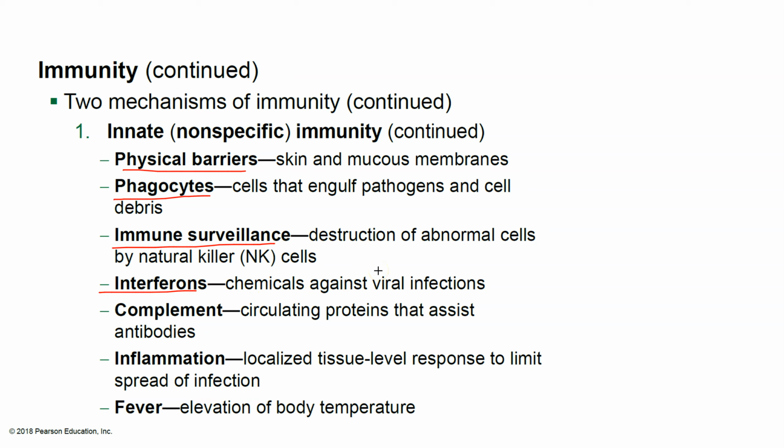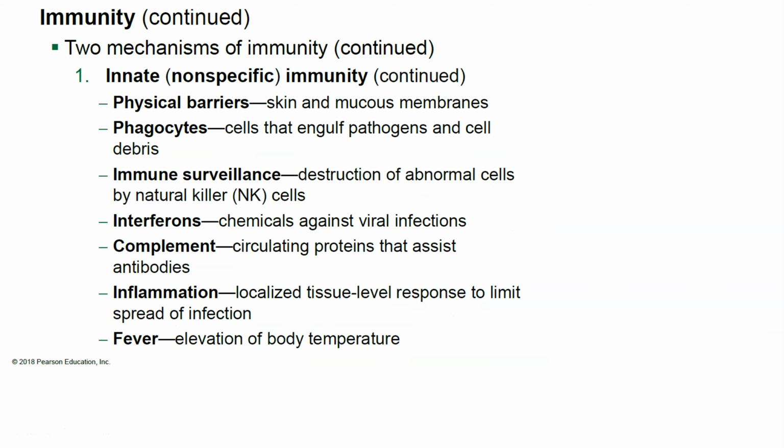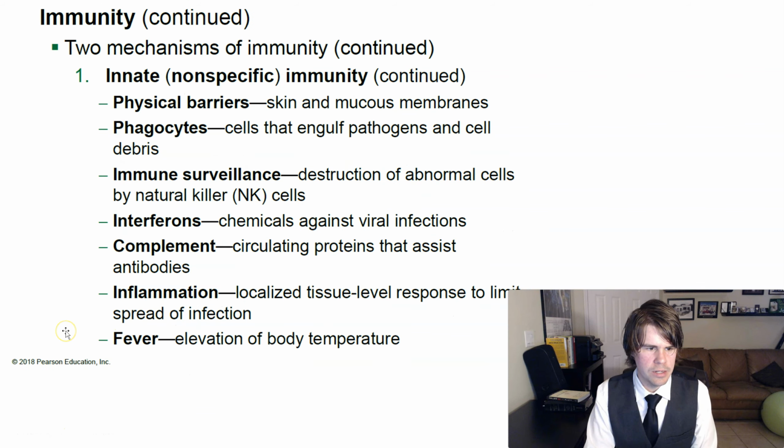We all know about viruses in this day and age, right? Complement is proteins that help assist antibodies, which label things for destruction, inflammation, and fever. So you need to understand all of these different roles, these players in innate immunity, and that's my goal for this lesson.